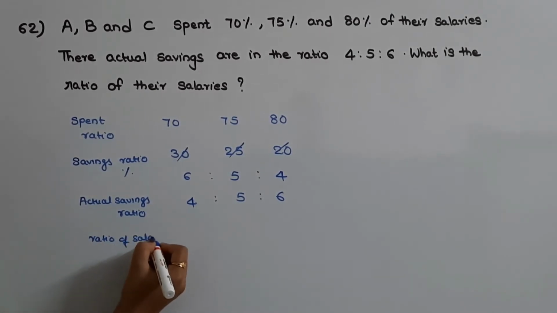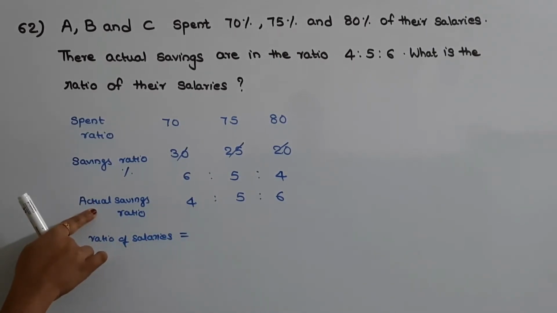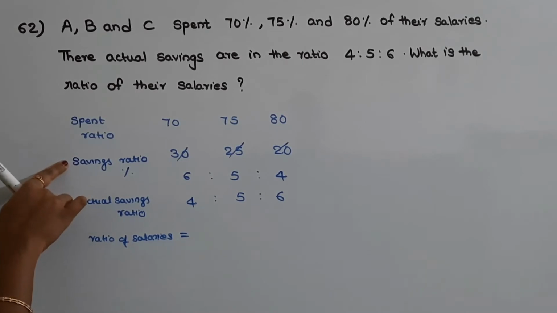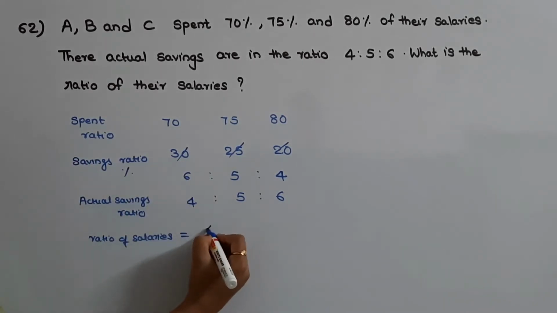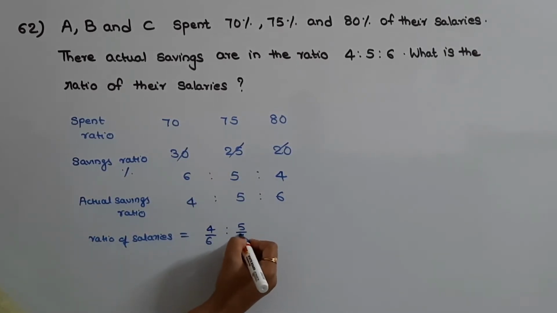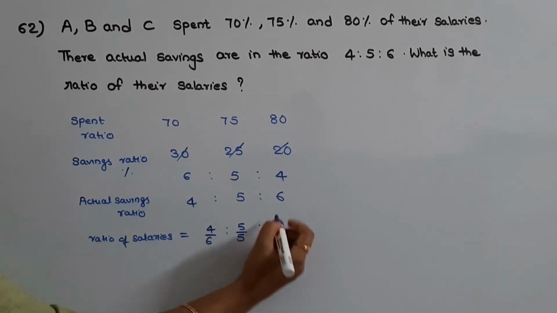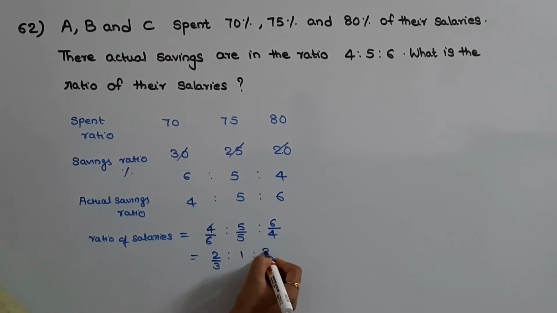So the ratio of the salaries will be equal to actual savings ratio divided by savings ratio. So that will be equal to 4 divided by 6 is to 5 divided by 5 is to 6 divided by 4. On simplifying this, we will get 2 by 3 is to 1 is to 3 by 2.